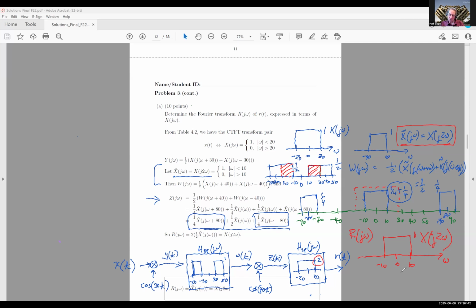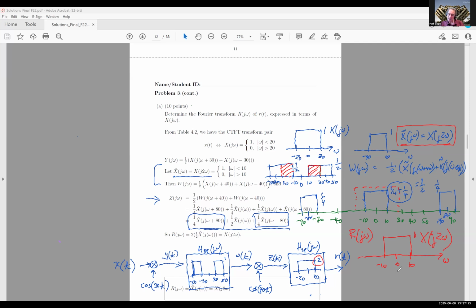Now in the actual version of the statement of the problem, it just said determine the Fourier transform. So it didn't expect you to necessarily write down all of the mathematical equations, partly because I wanted people to be able to state the correct answer, even if they didn't do equations all the way, but just understood conceptually what was happening as reflected in the figures.